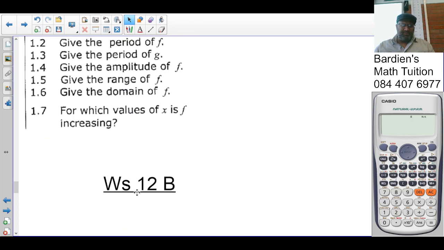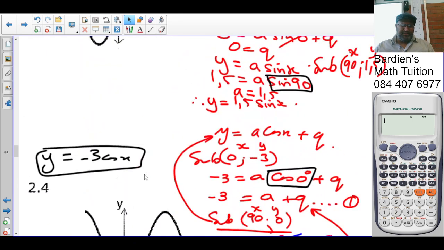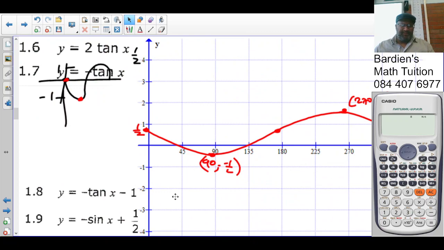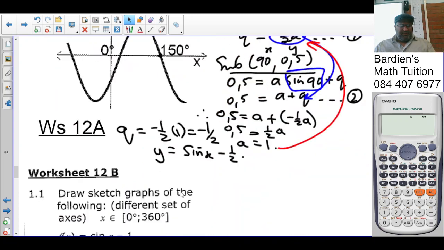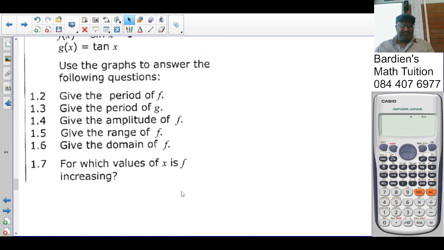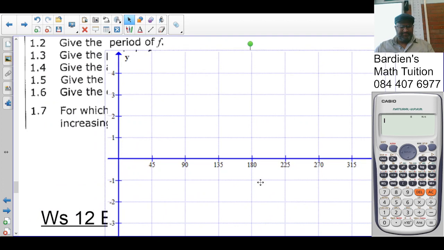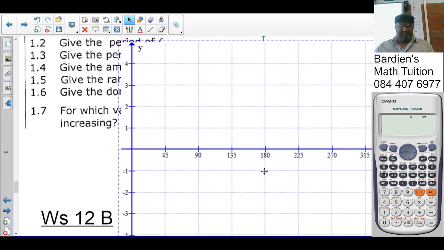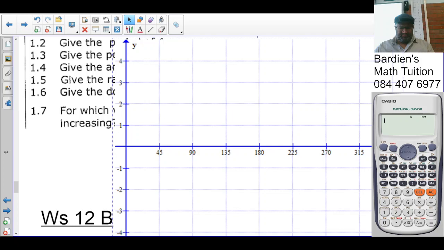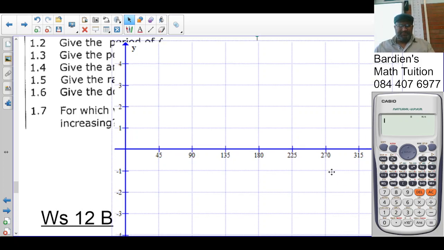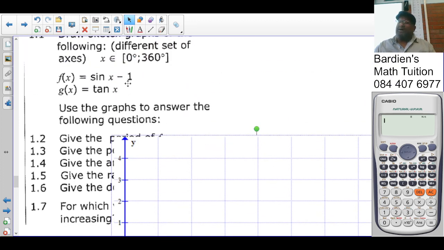So the sin x minus 1, okay, so what's happening to the basic sine graph? It's moving 1 unit down.